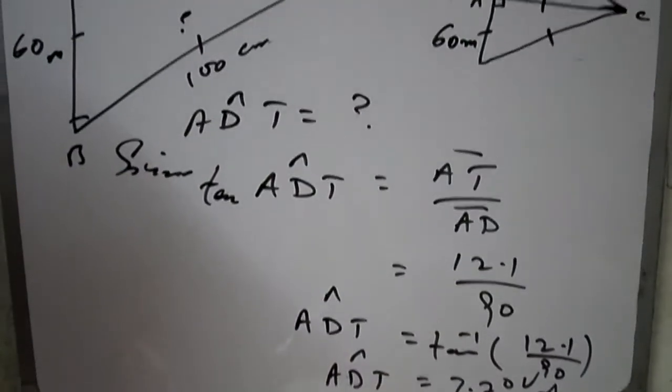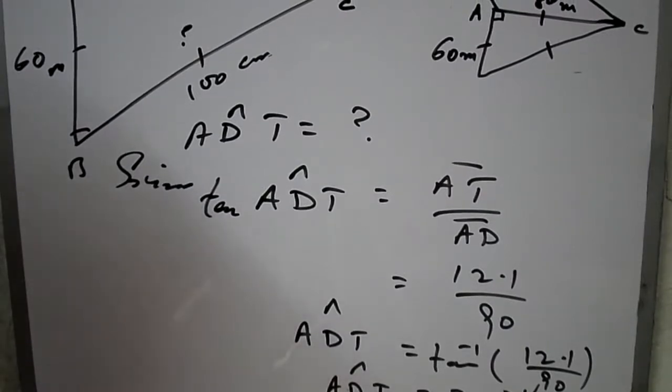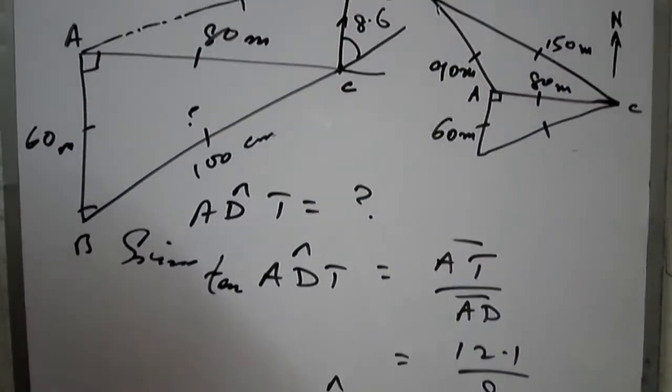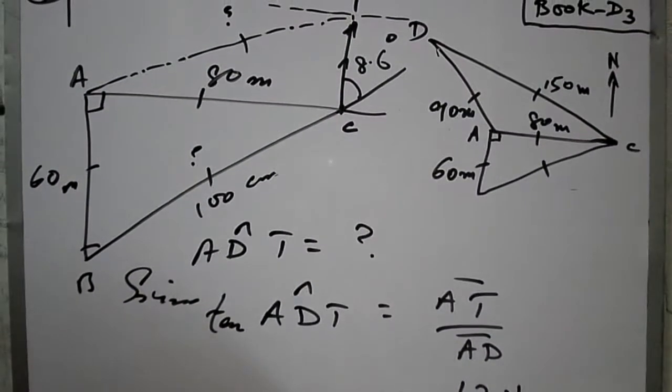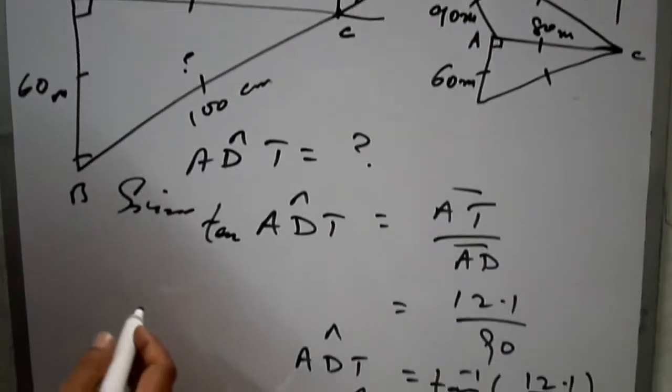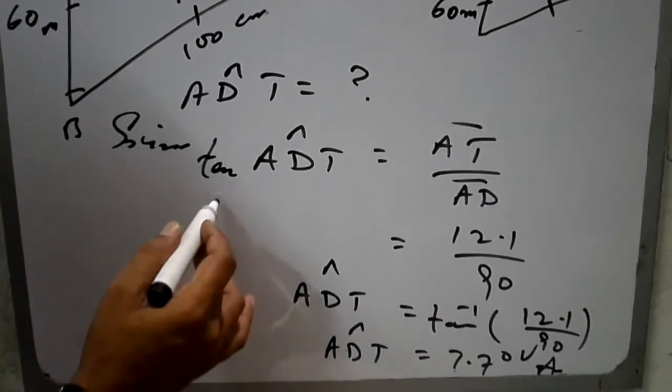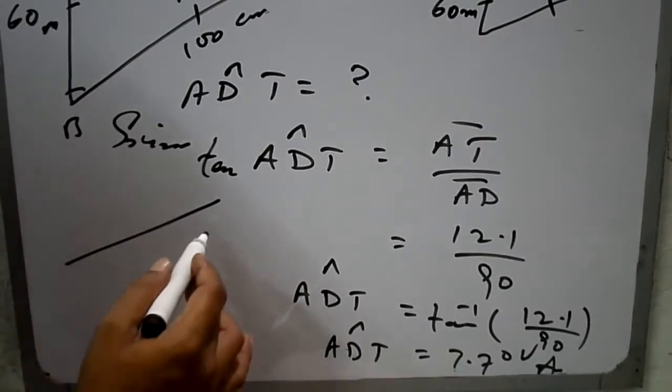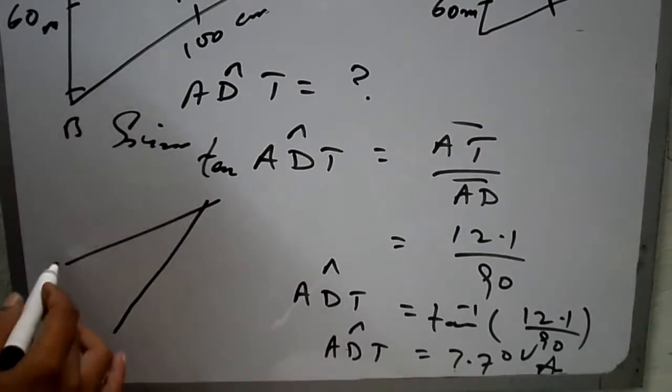Because it is a very important chapter, this is further trigonometry, and we are discussing the three-dimensional problem, that's why we have to draw the configuration once again for a little more clarification.